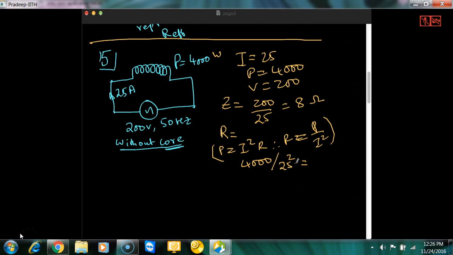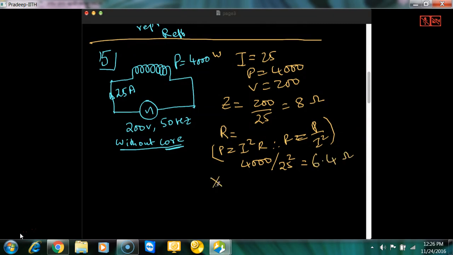I'm just doing it in my calculator. So this is 6.4 ohms.